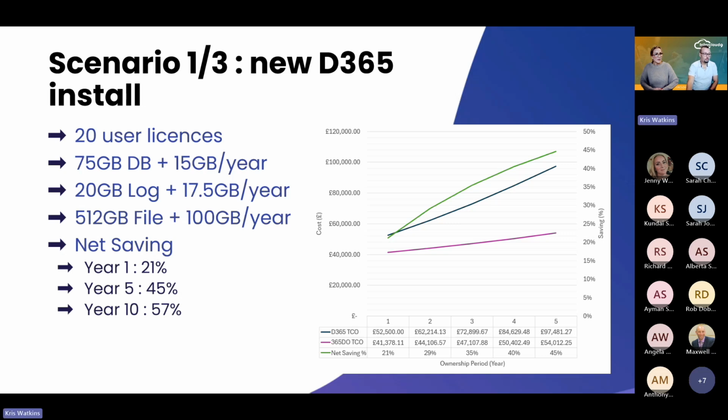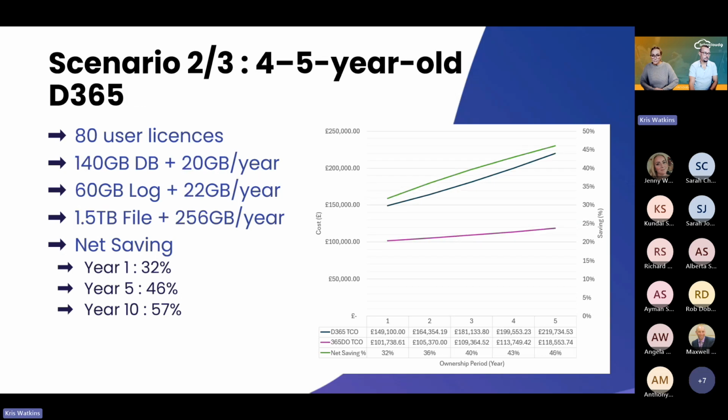Okay, let's have a look at the second scenario. Great. So scenario 2, we've called this a 4 to 5 year old Dynamics with 80 users, a variety of numbers for how much data is in main database storage, the logs and file storage, with the relative growth rates described here.